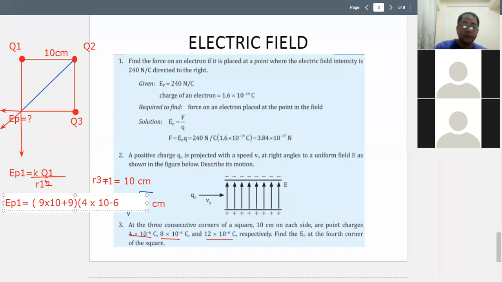Look at the value of q1. And we divide this now with our centimeter value, that's 10 cm. 10 cm is 10 to the minus 2, and we square that value.